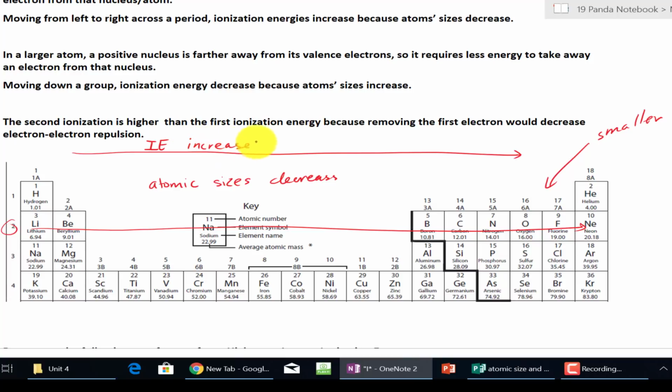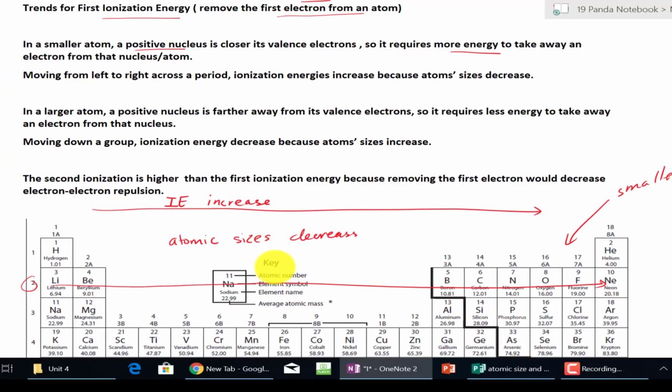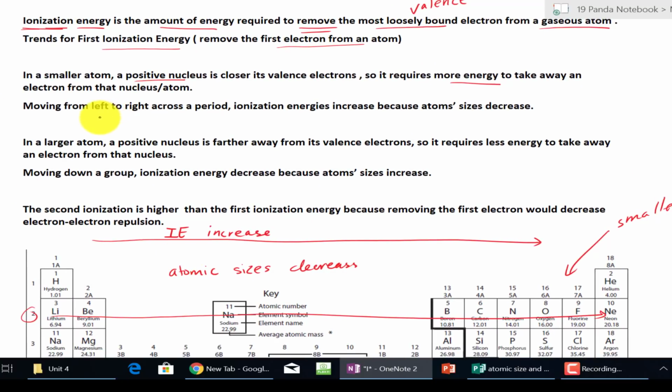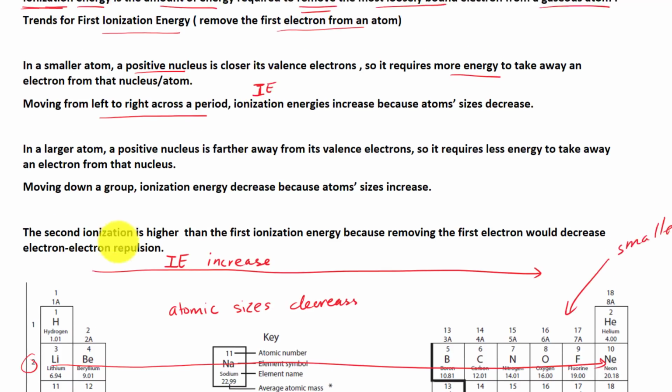And that makes sense because the size is getting smaller. So IE will increase. So moving from left to right across a period, ionization energies increase because the atom size decreases. So again, ionization energy is abbreviated by IE to make it easy for us.